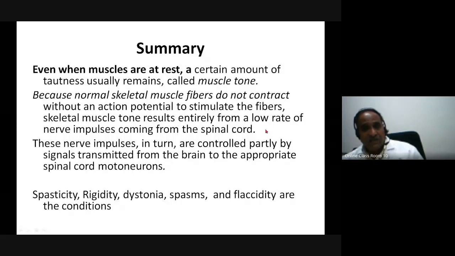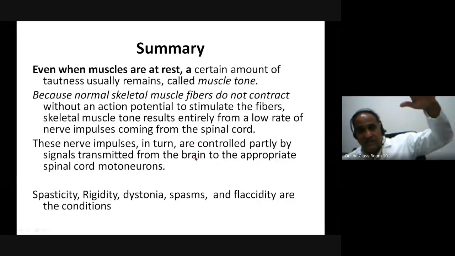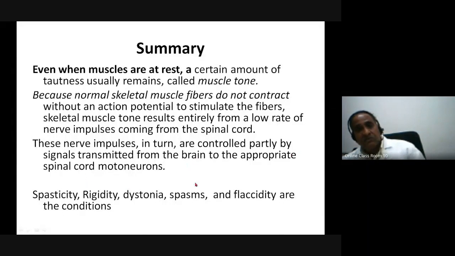This is what I explained on the basis of the myotatic stretch reflex. These nerve impulses, in turn, are controlled partly by signals transmitted from the supraspinal level, that is, coming from the brain and the brain stem, and even they may be originating from the spinal cord itself. Spasticity, rigidity, dystonia, spasm, and flaccidity are the conditions. Flaccidity is atonia, and that is hypotonia.